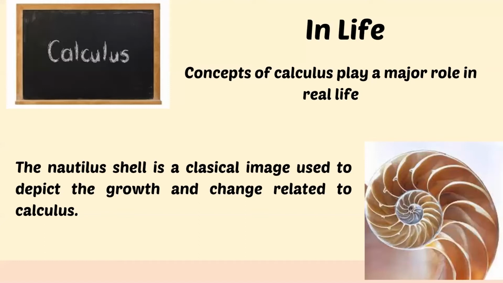Its structure is entirely different, and calculus helps us study this structure. It's not a regular shape. There are changes at each point of this figure. So it's irregular, and this irregular structure can be studied using the concept of calculus. I think everything is clear regarding where calculus is used.